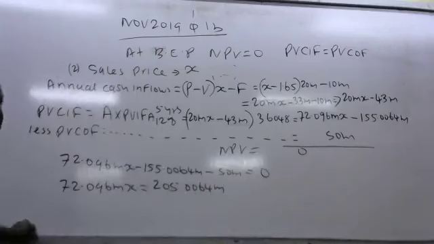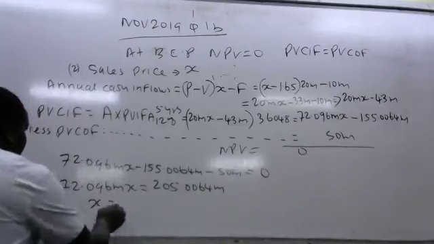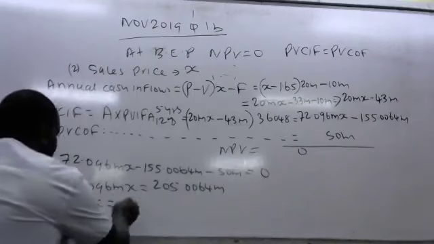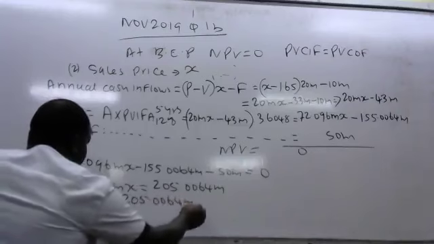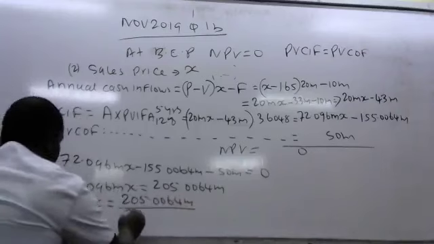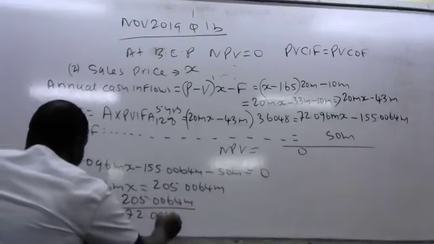So now we make X the subject. So X is going to be 205.0064 divided by 72.096.